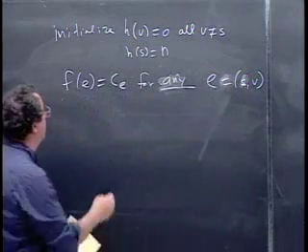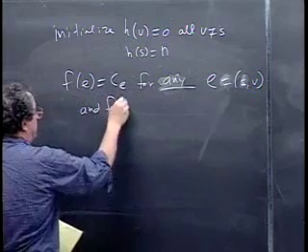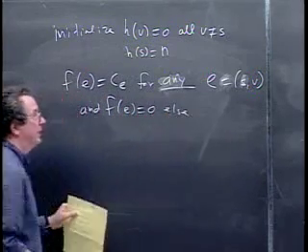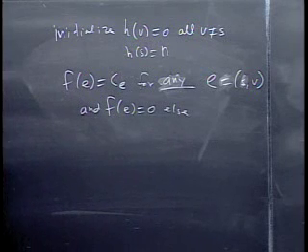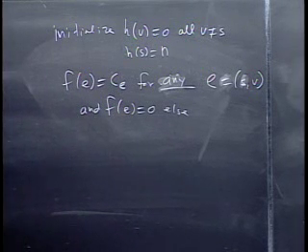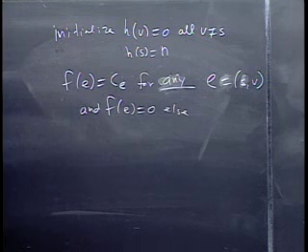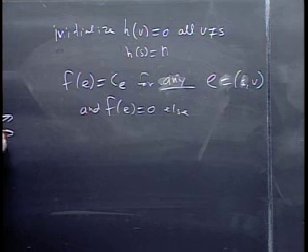And f equals 0 otherwise. So the way you start out the algorithm, first of all, you have this labeling, but you start out with the following preflow.